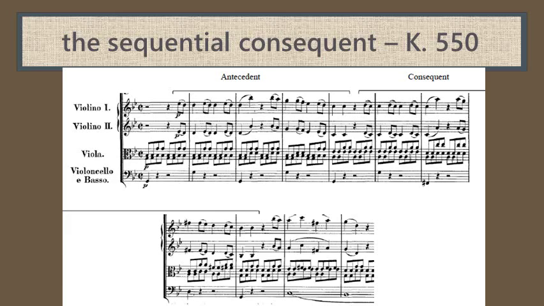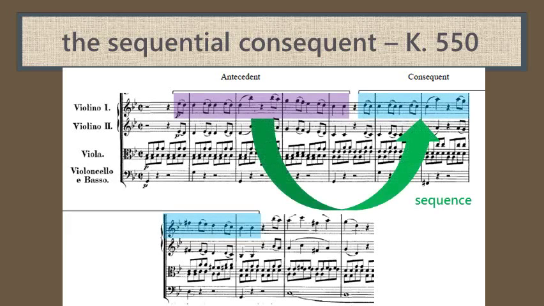Our antecedent phrase begins on and ends, in an incomplete way rather, on C, and our consequent is a sequence of that. Mozart has moved it down just a half step. So we begin on a D and we end one step lower on a B flat. Since the piece is in G minor, this B flat ending feels stable.